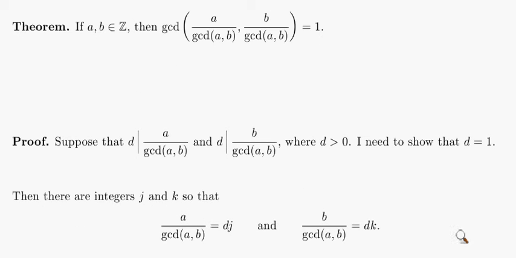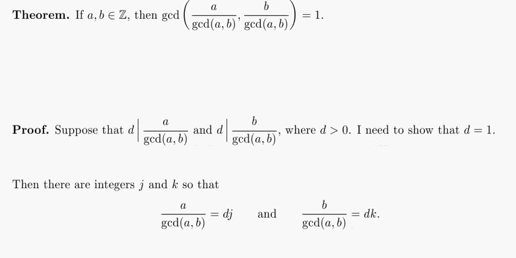If d divides this number, then that number is equal to d times j for some integer j. Likewise, if d divides this other number, then this other number is equal to d times k for some integer k.